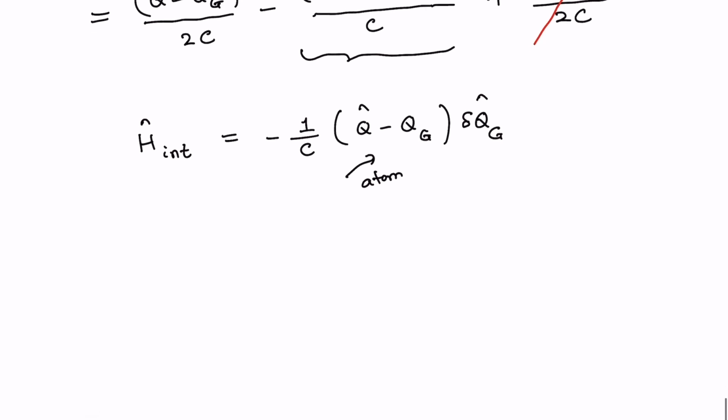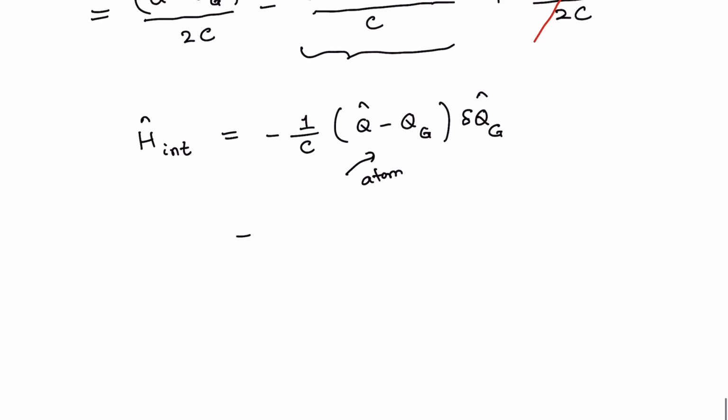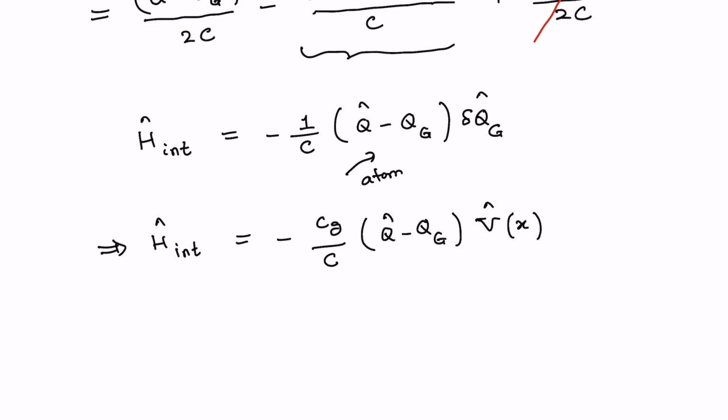And now in terms of the voltage, I can write this H_int interaction term, and this is going to be minus Cg divided by C, (Q cap minus Qg) into the voltage operator.